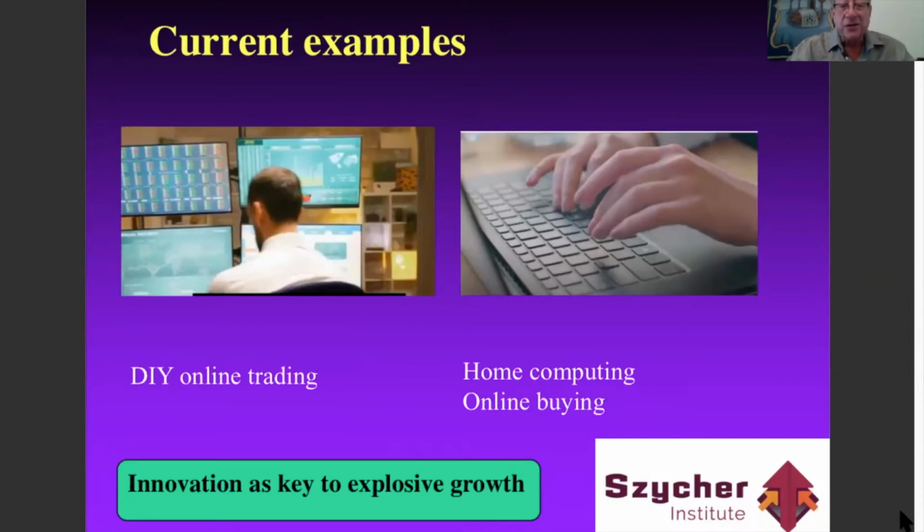And there is no question that home computing with all kinds of things has changed our lives. Just consider online buying. Almost 60% of us buy something online. Now, this was unheard of 10 or 15 years ago. And so innovation is the key to explosive growth going forward.